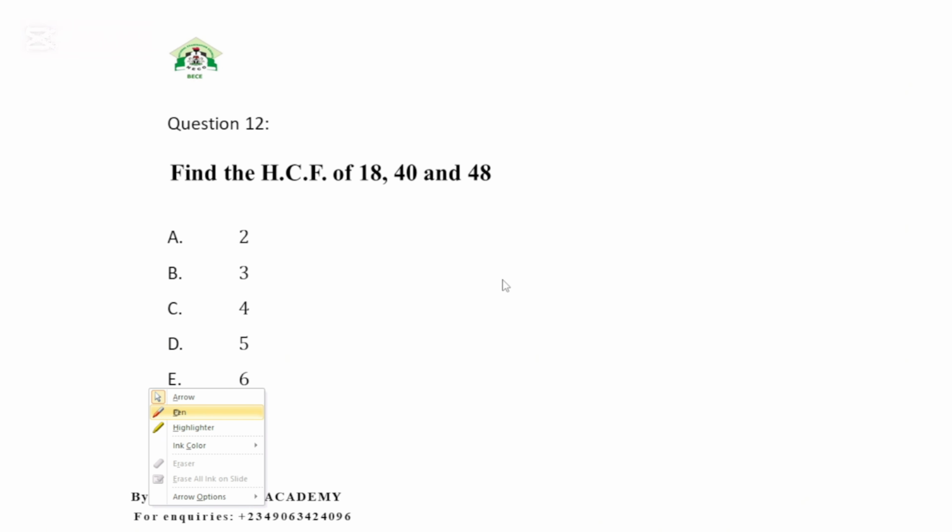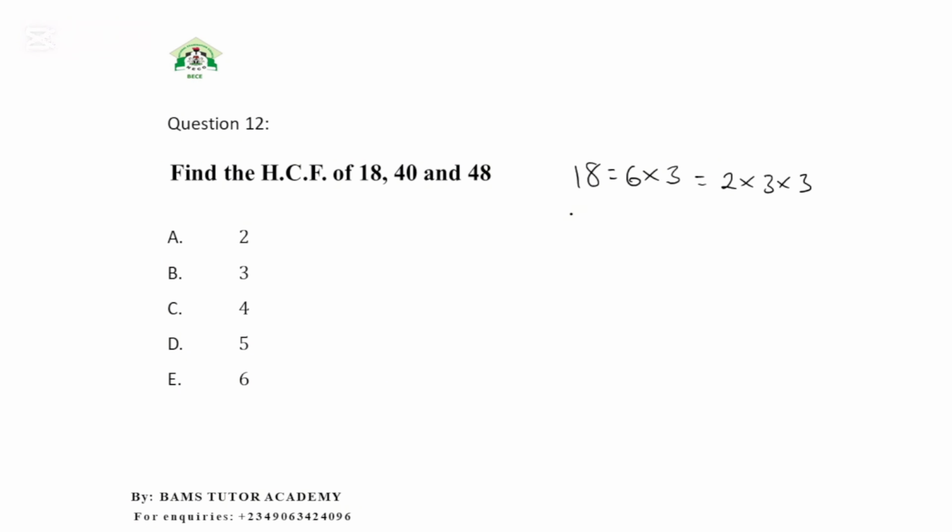We have 18, 40 and 48. So 18 can be written as, let's say, 6 times 3. Okay, 6 times 3, and that's 2 times 3 times 3, right? Then 40 can be written as 4 times 10.